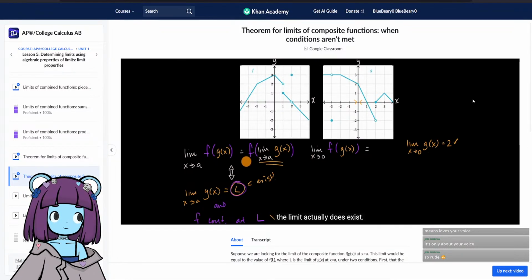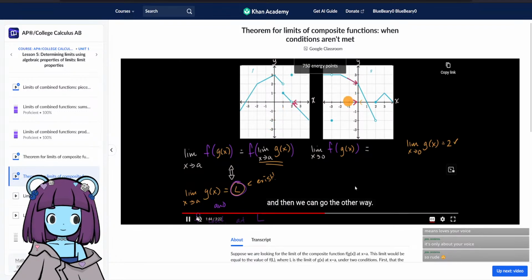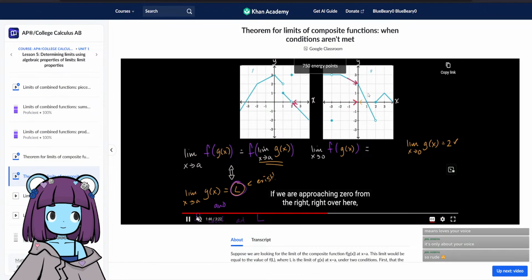Example. Our function is approaching 0. Two.